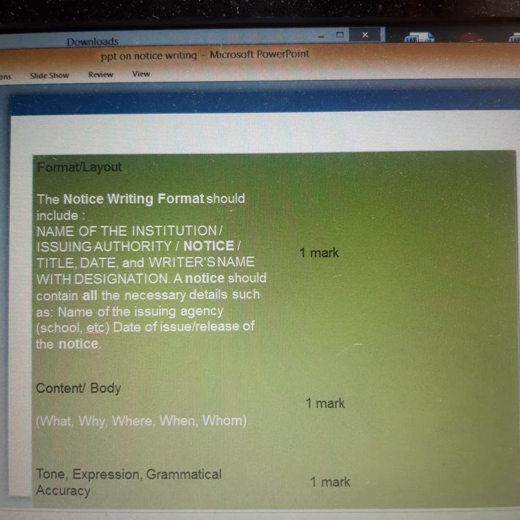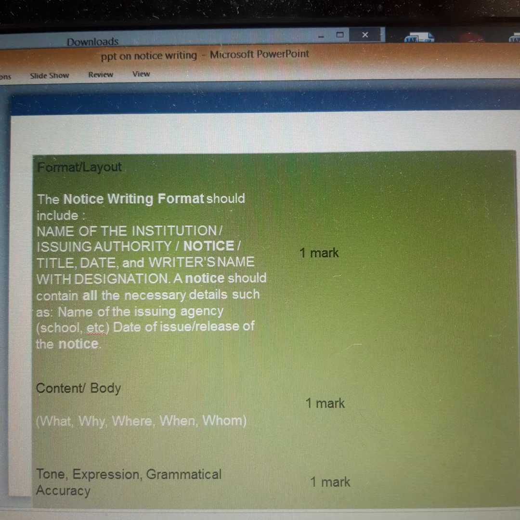Why is it being organized? The blood donation camp is being organized so as to observe the World Health Day. Where is it taking place? The venue. When? Under when, I have to mention the date and the time.